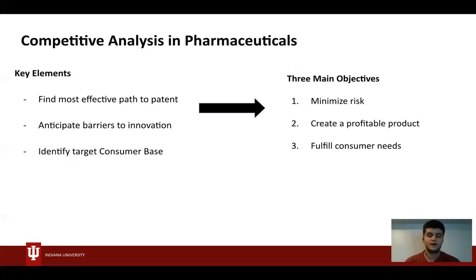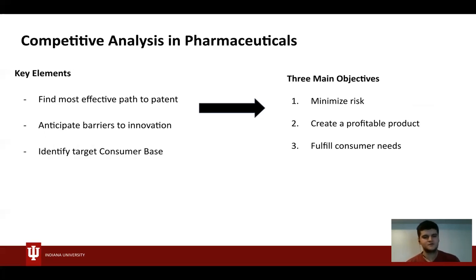Being able to patent a drug and bring it to market is very rare, but it is also extremely profitable for pharmaceutical firms. So with your competitor analysis, you need to really identify the market potential and see where there is a strong consumer base and where is there a need, and how you can look internally at your firm and see how you can leverage your strengths to pursue a path that can secure the patent.